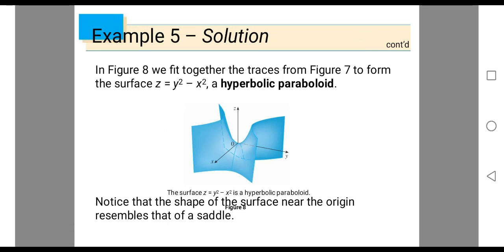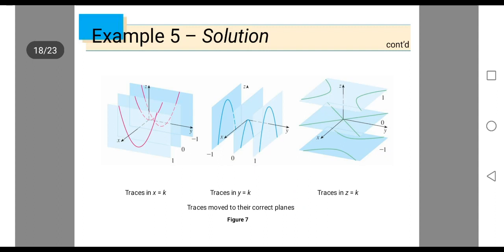So we have some properties for the hyperbolic paraboloid. What does it have? In the equation of a hyperbolic paraboloid, we have degree 2 in two terms, right? We will have y square minus x square in our particular equation, then degree 1 in one term, that is z. Then one trace is hyperbola and two traces are parabolas.